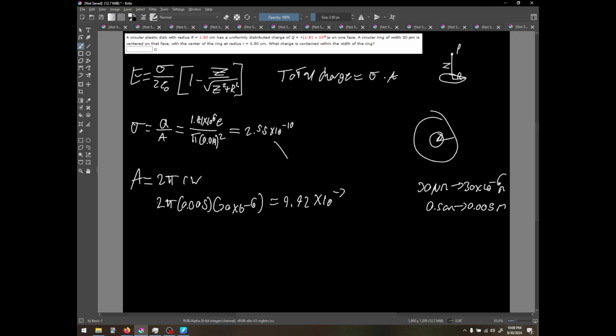So now we just multiply these two. I'm getting 2.4 times 10 to the negative 16. Does that even seem right?